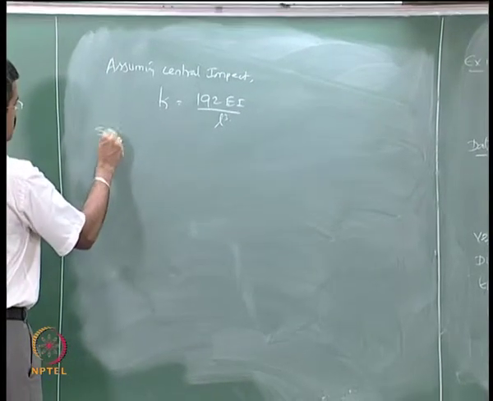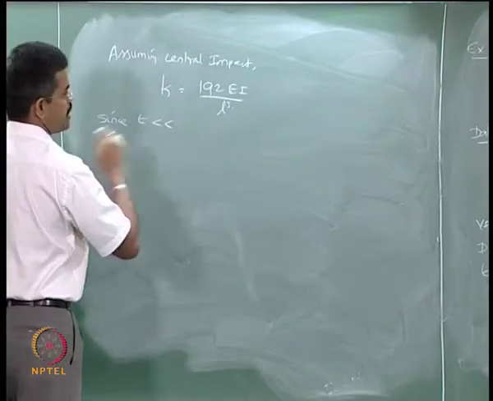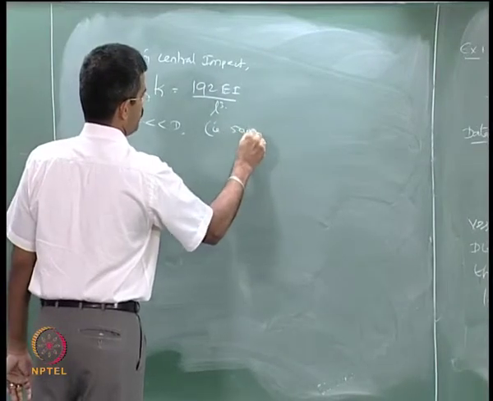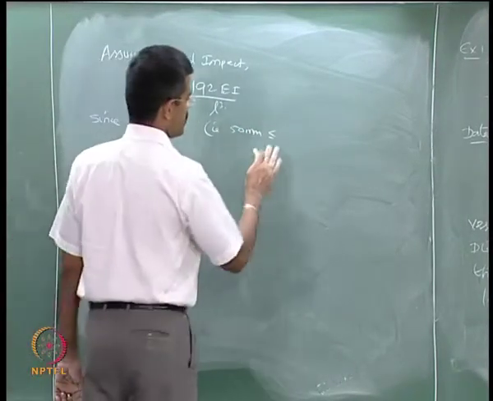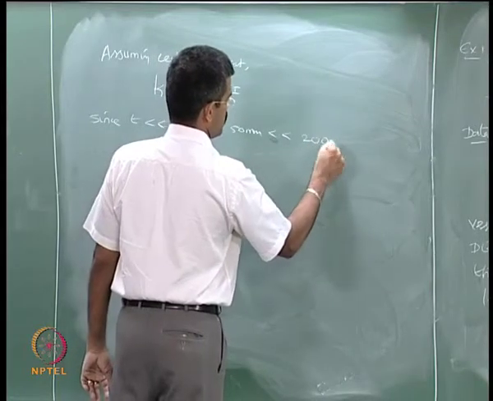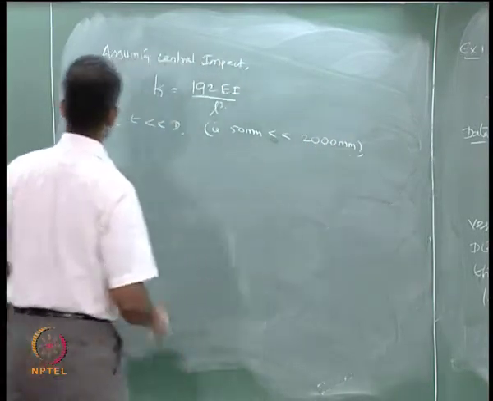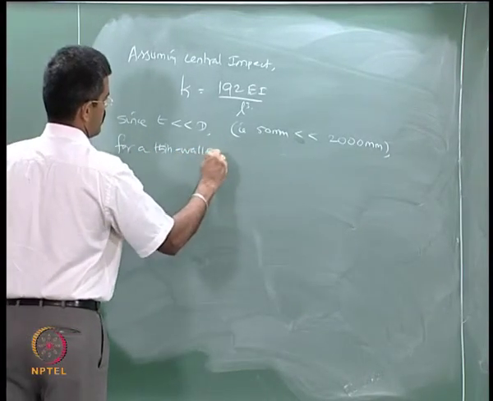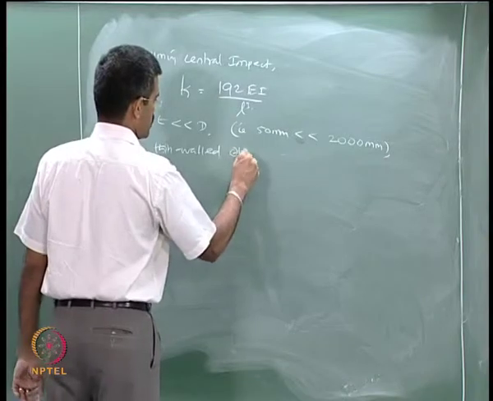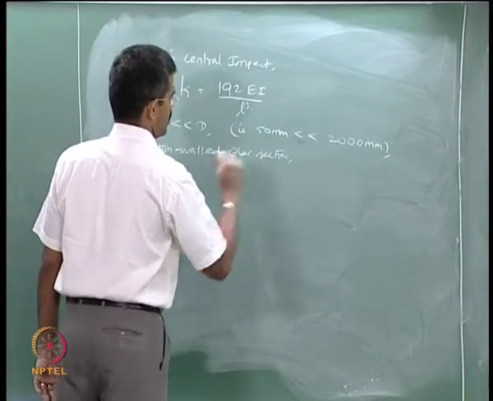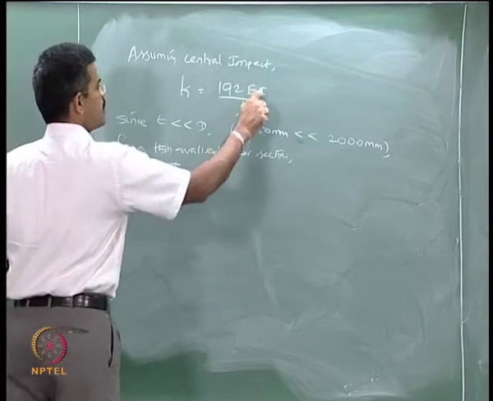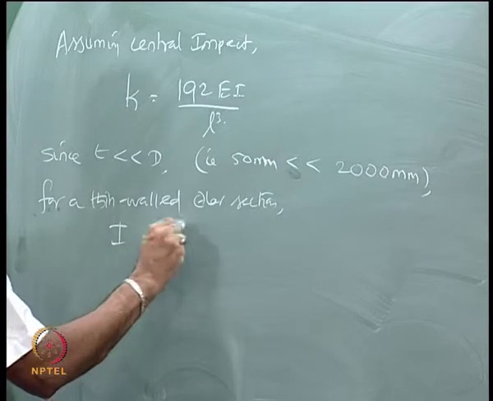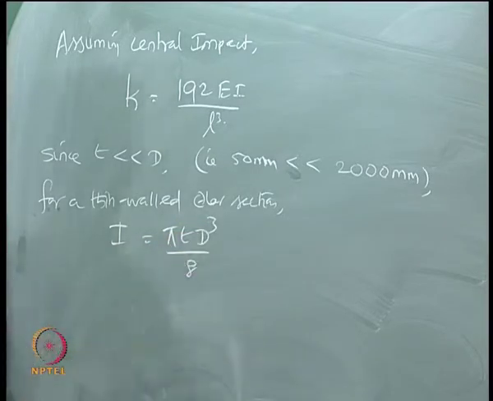Now, since t is very less compared to the diameter, that is 50 mm is very less compared to 2000 mm, for a thin walled circular section, I, the moment of inertia here, is straight away given by pi t d cube by 8.